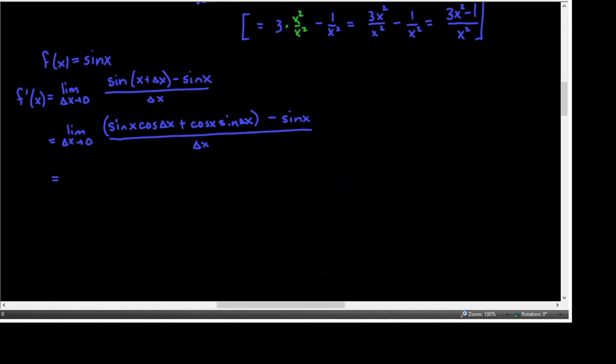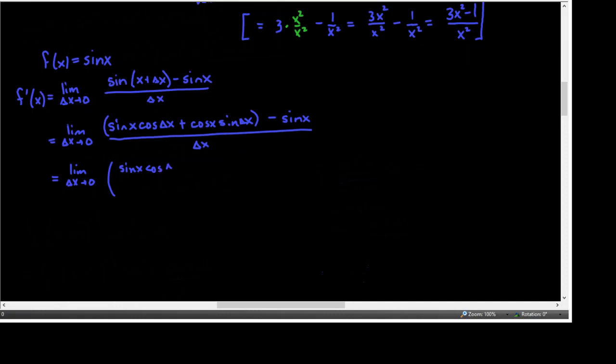Okay, so I'm going to, on purpose, intentionally, get the things I want together and split this up into fractions. So I'm going to kind of do a 2-for-1 here in this step. I want the sine of x stuff together.